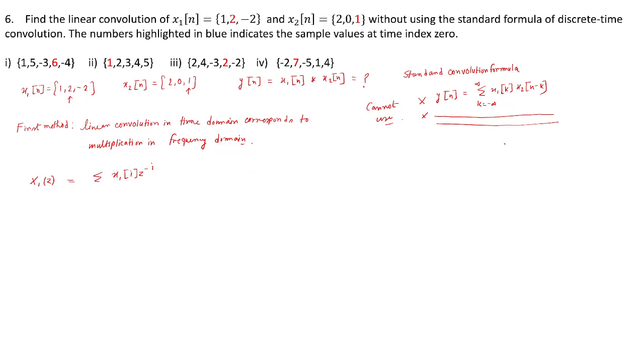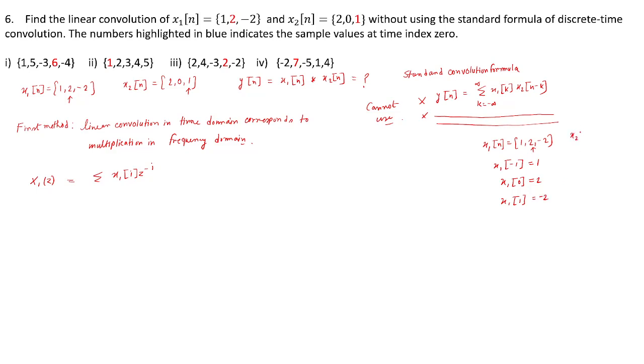Now x1[n], let me write it down here. Since you have x1[n] represented as 1, 2, -2, where this is the 0th index symbol: x1[-1] is 1, x1[0] is 2, x1[1] is -2.